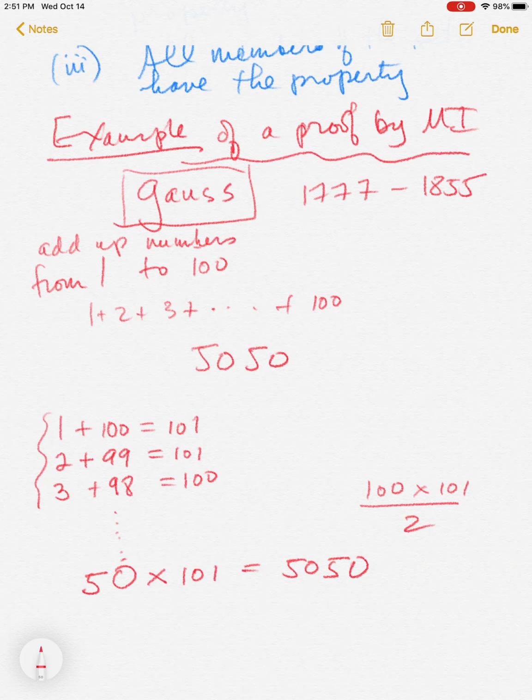So here's a party trick for you. If you want to impress your friends, you say, give me any number. I can add up the first, whatever that number of integers is, and give you the answer almost immediately. Okay, so what I'm going to do is prove the principle that Gauss was implicitly using when he did this, and I'm going to prove it by mathematical induction.